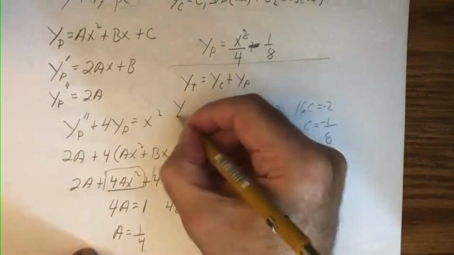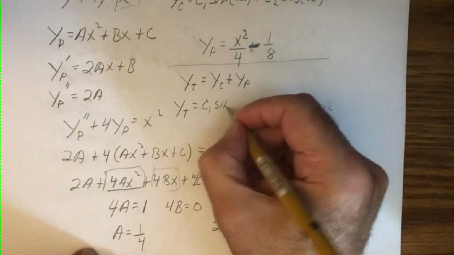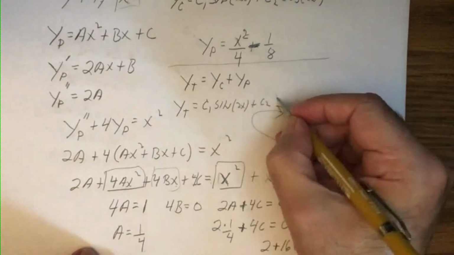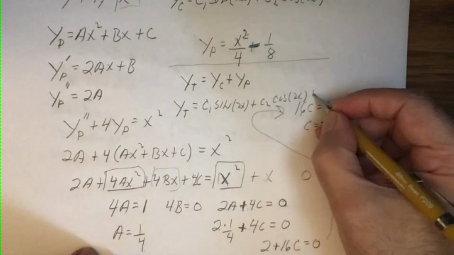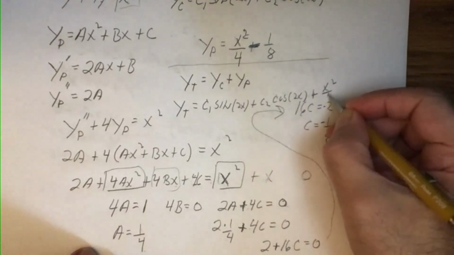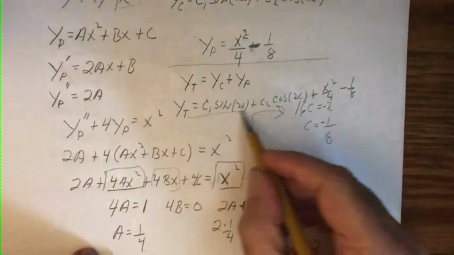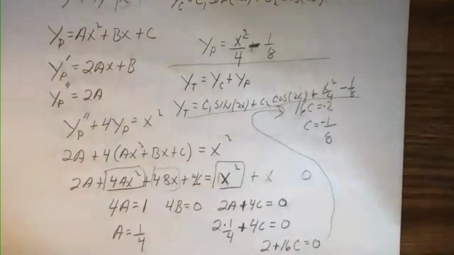So my total solution then is going to be C1 sine of 2x plus C2 cosine of 2x plus x squared over 4 minus 1/8. All right, a little sloppy there, but that's my total solution. Any questions?